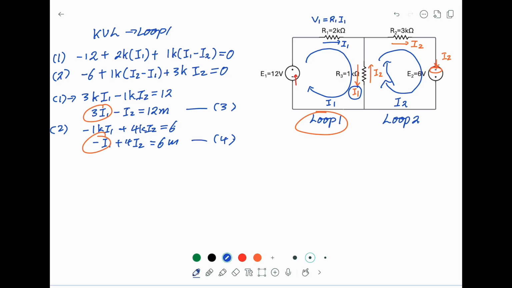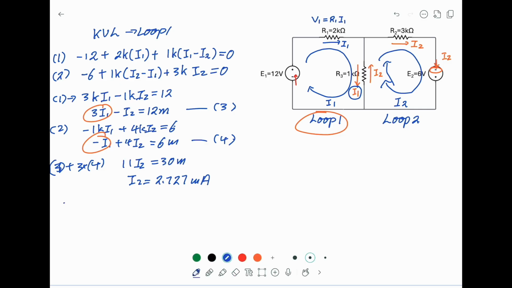So I will say equation 3 plus 3 times equation 4, so I can eliminate I1. And from here, you will get 11I2 equal to 30m. From here, I2 is equal to 2.727 milliamp. Now I substitute I2 back to, say, equation 4.